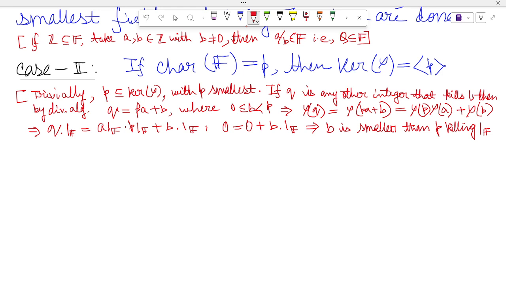Which is a contradiction because I assumed p is the smallest.